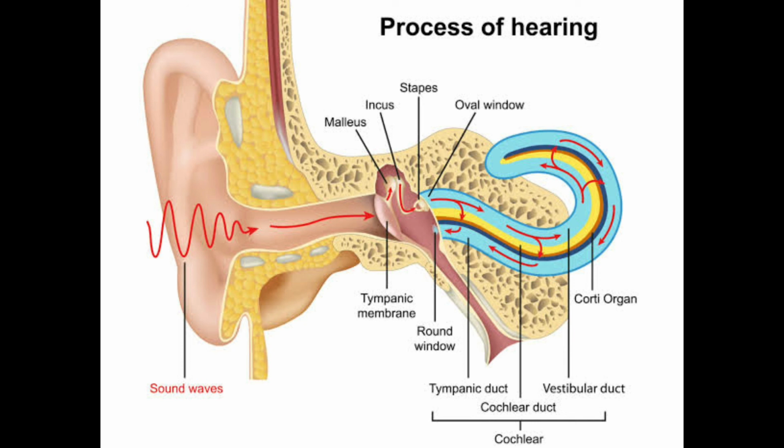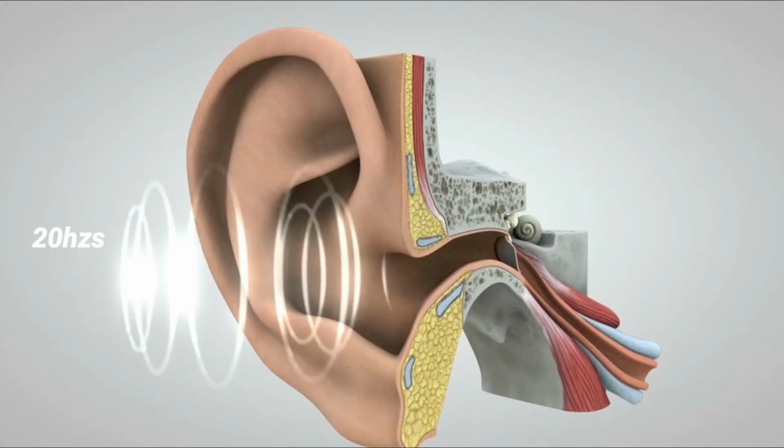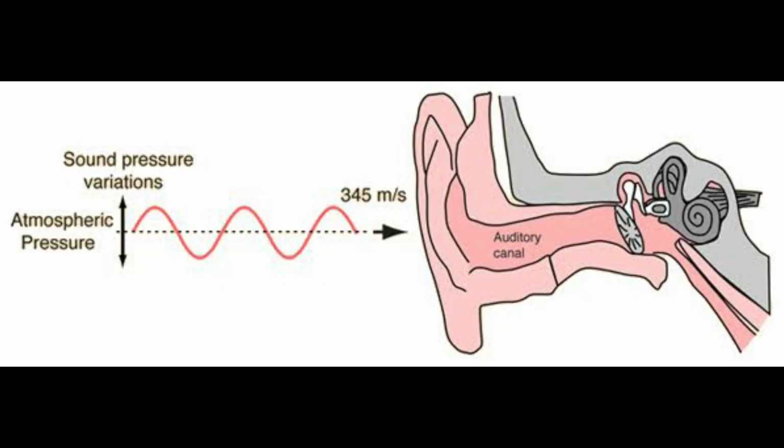The human ear can generally hear sounds within a frequency range between 20 Hz and 20 kHz, the audio range. Sounds outside this range are considered infrasound, below 20 Hz, or ultrasound, above 20 kHz.